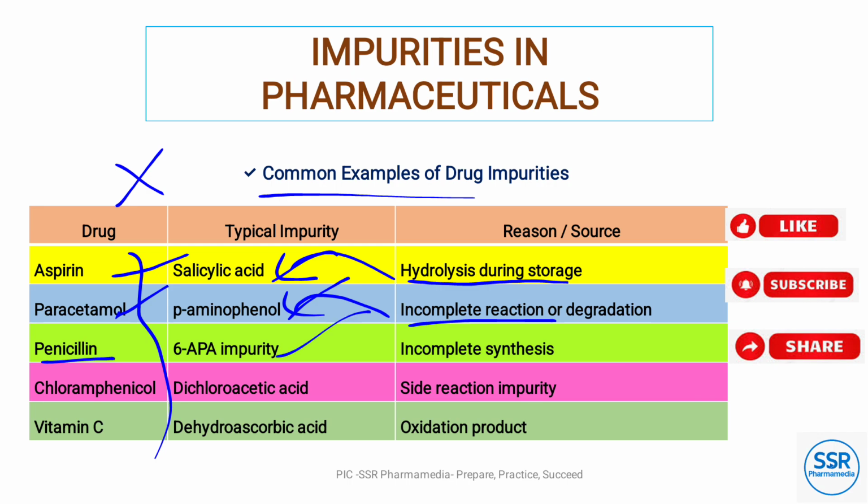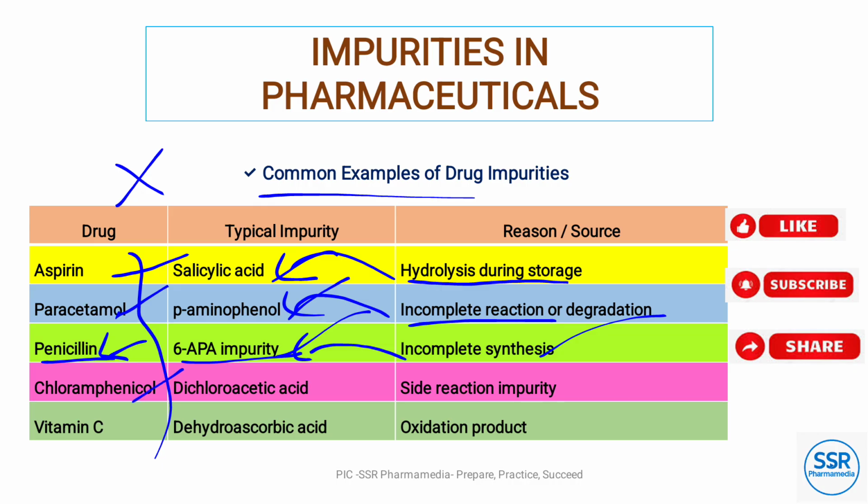Its source is incomplete synthesis. So 6-APA is the starting material for the synthesis of penicillin, and due to incomplete reactions, this 6-APA is present as an impurity along with the penicillin.